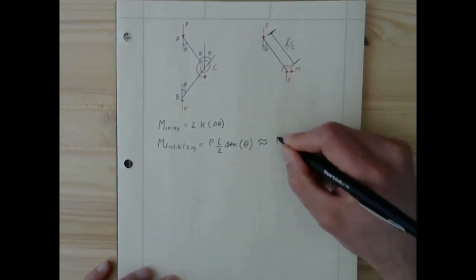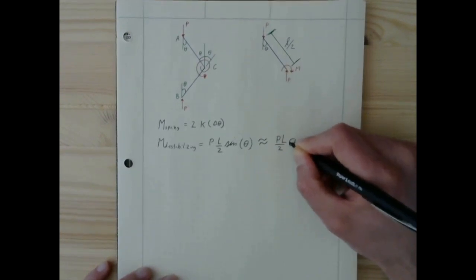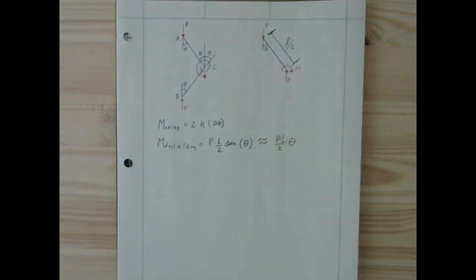So then this will become P L halves theta. And a reminder here that if we're going to pull this trick, we do need to be using radians and not degrees. So be careful with that when we do this trick.